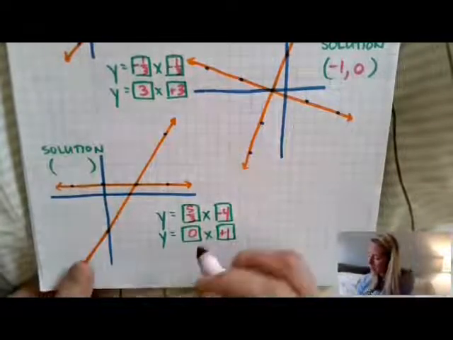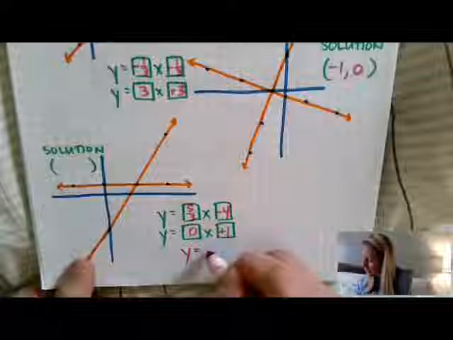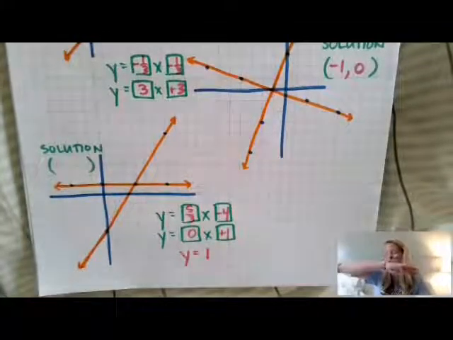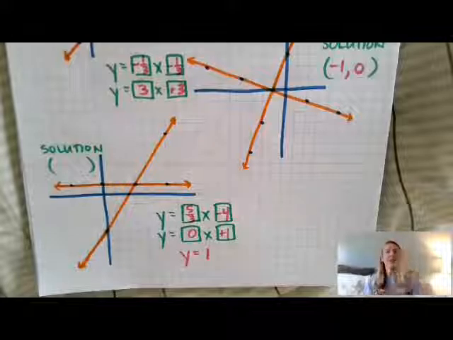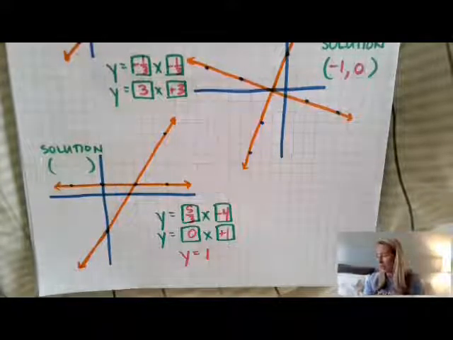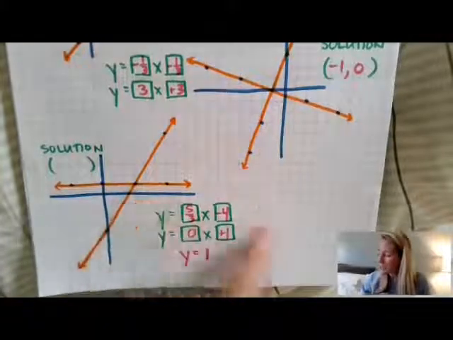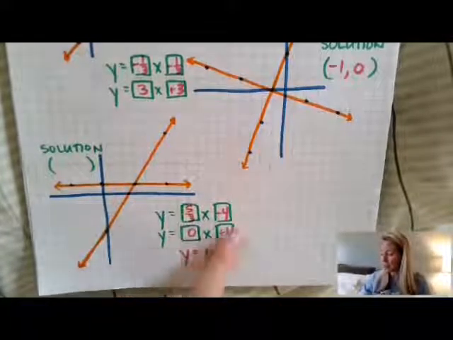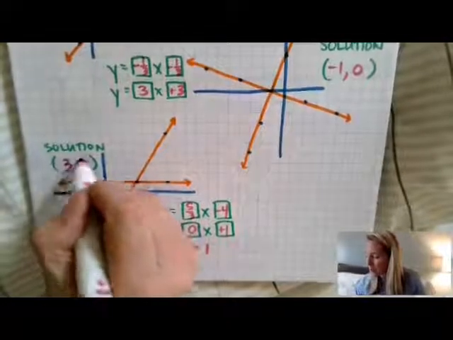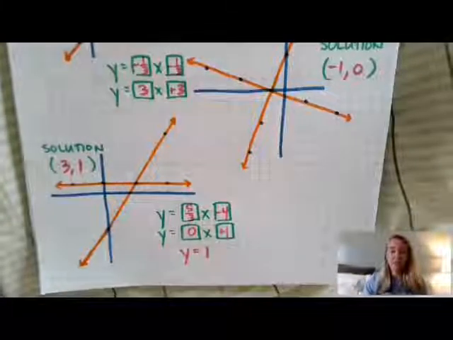So this equation is simply y equals 1. When you have a nice boring horizontal line like that, it's going to be y equals a number. And then conversely, when you have an x equals something, that's going to go with a vertical line. Okay, so again, our solution, we didn't need to do this necessarily, but we could plug in to check, is if we go over 3, up 1, 3, 1 is going to be the solution to that system of equations.